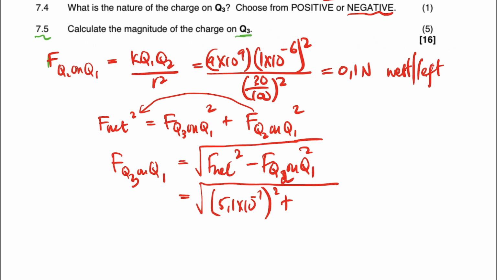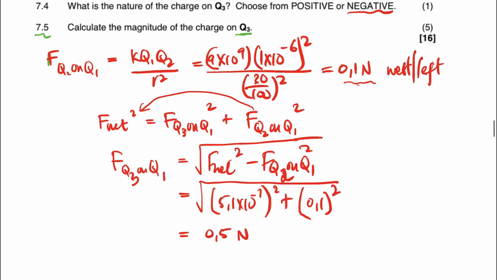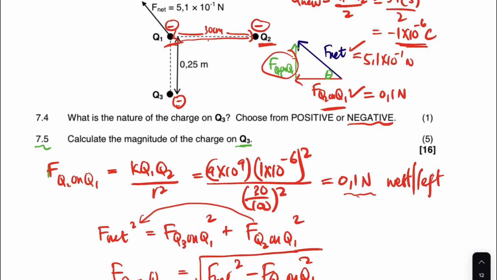And then the force of Q2 on 1 is the one that we just calculated, it's 0.1 squared. So if you punch that in the calculator, your answer there will be 0.5 newtons, right? Which is this force now.